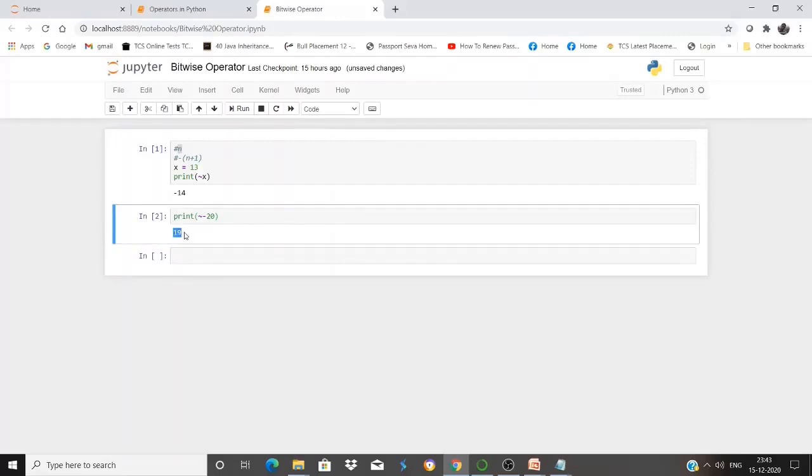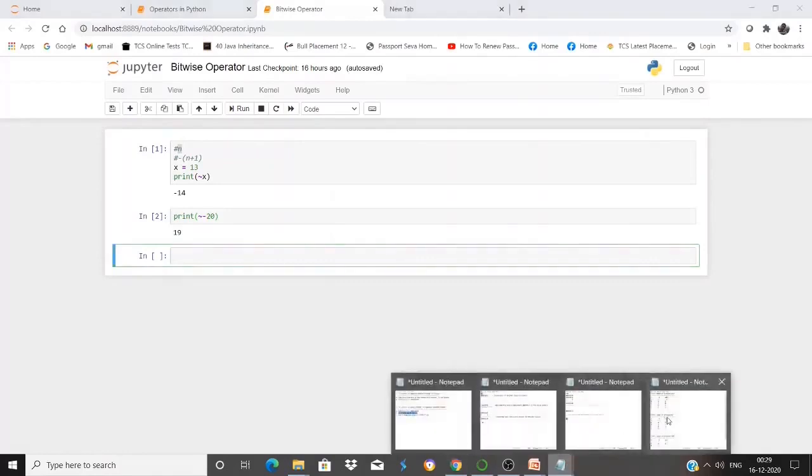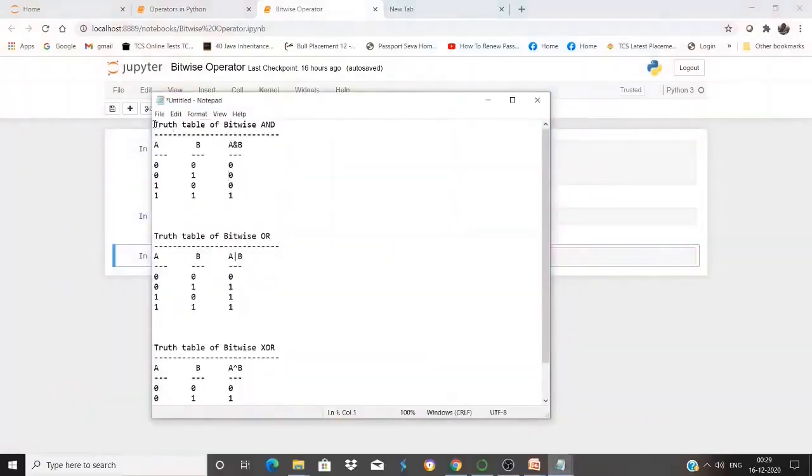So the next thing that we are going to discuss is the bitwise AND operator. Before giving an example of bitwise AND operator, let me show you the truth table of the same. So this is the truth table of bitwise AND. If one bit is 0 and the other bit is also 0, then the output will be 0. If one bit is 0 and the other bit is 1, then also it will be 0.